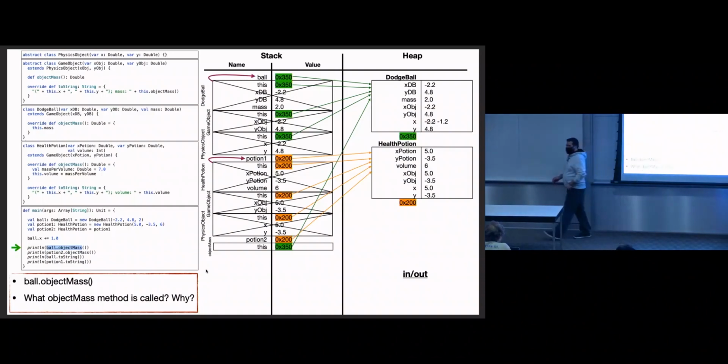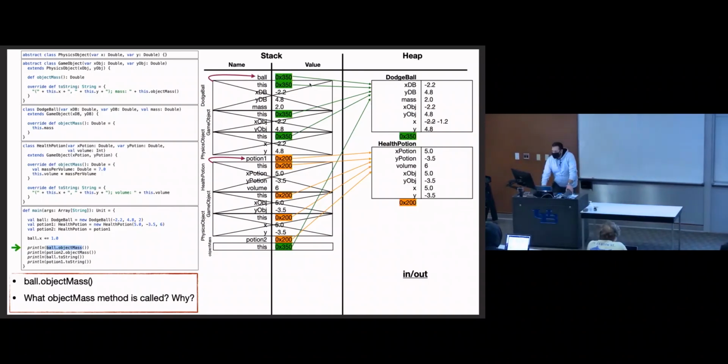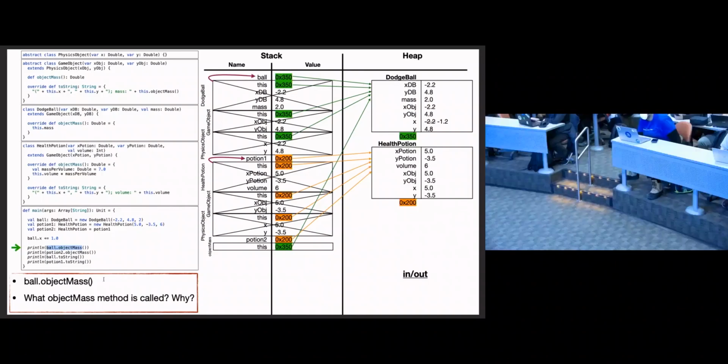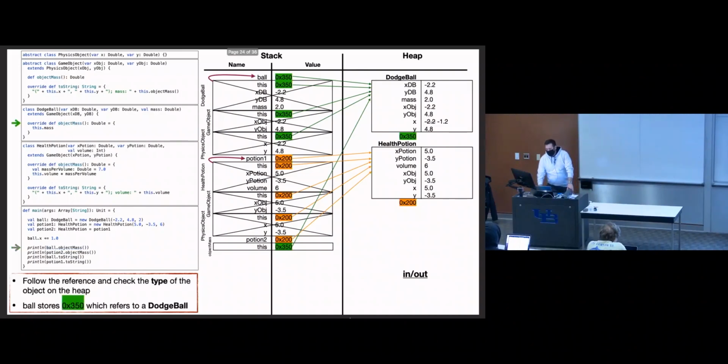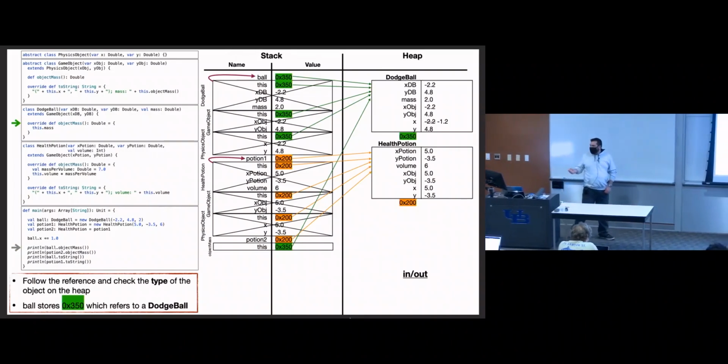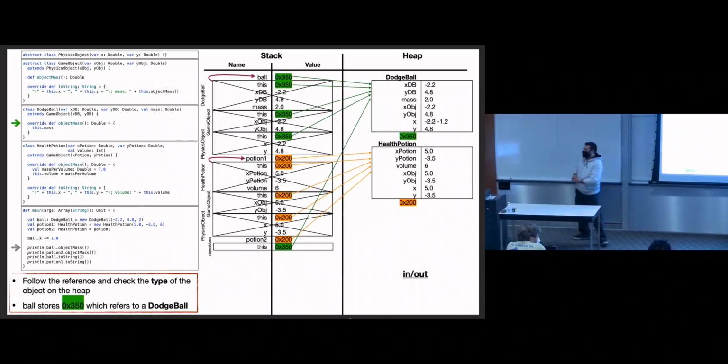Ball.objectMass. Here's where we get our first big inheritance question. We have objectMass and objectMass, but which one is going to be called? Well, we look at the object that's calling the method, and we see that that object is of type dodgeball.